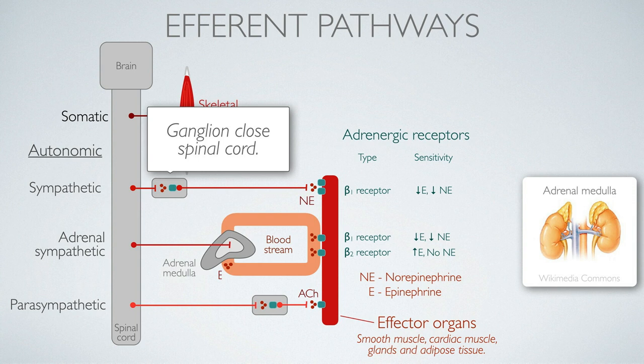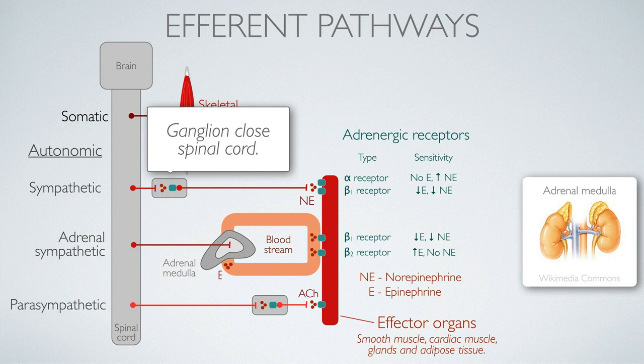So if you have beta 1s positioned at this chemical synapse along the sympathetic pathway, that receptor could be activated either through the release of norepinephrine from the presynaptic cell or through the circulation of epinephrine that comes from the adrenal medulla. Okay, either one can activate the beta 1s. And that brings us to the final receptor, which is a specialist for norepinephrine. So it has no epinephrine sensitivity. The alpha receptors only respond to the release of norepinephrine.